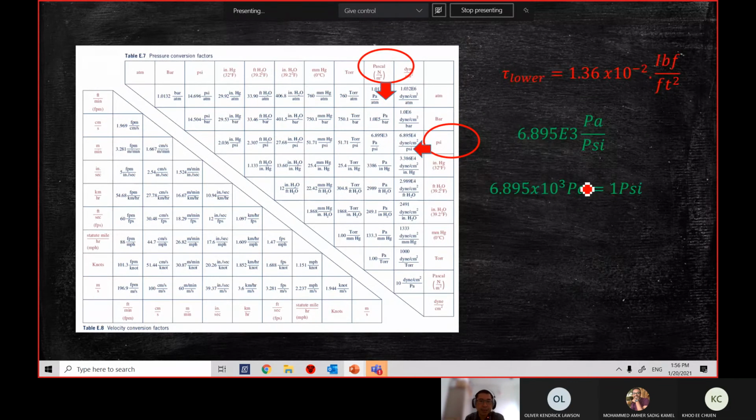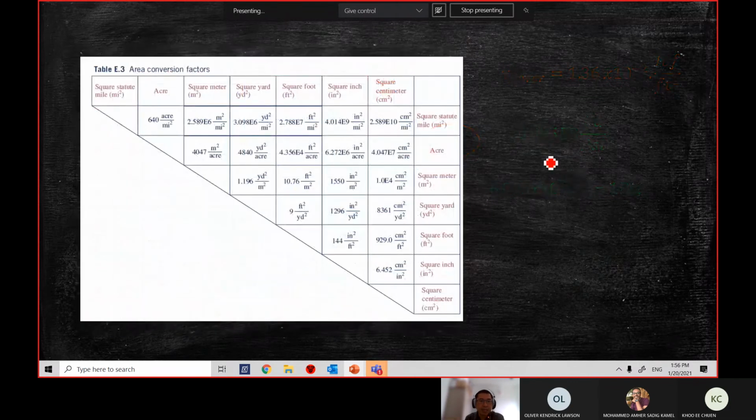Then another table we are referring to is the area conversion factor, table E number 3, because PSI is pound per square inch.